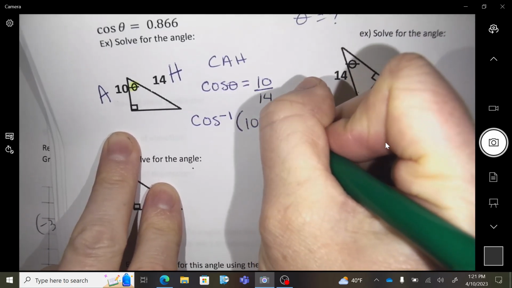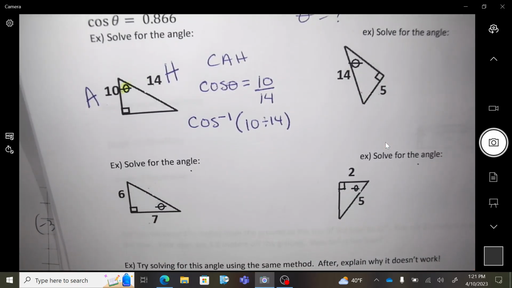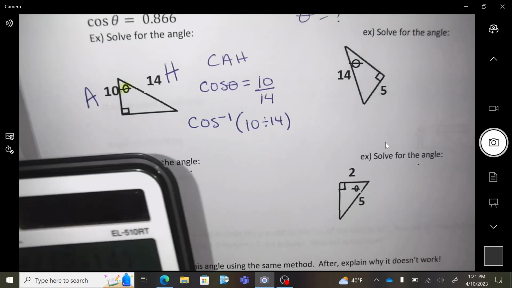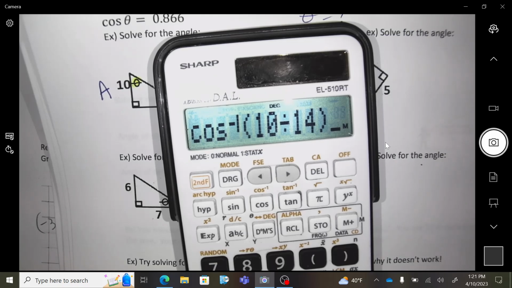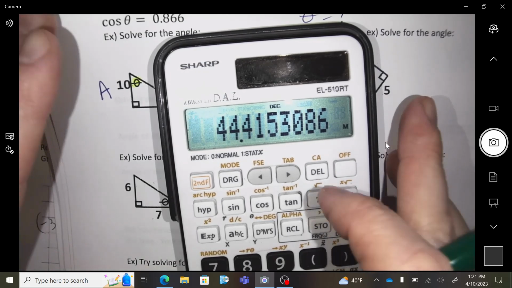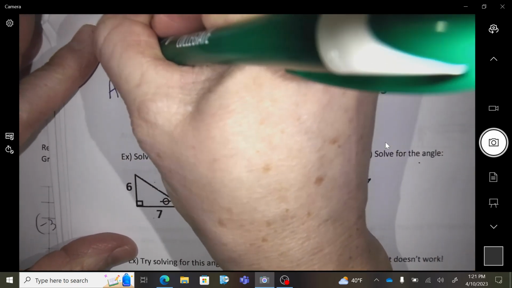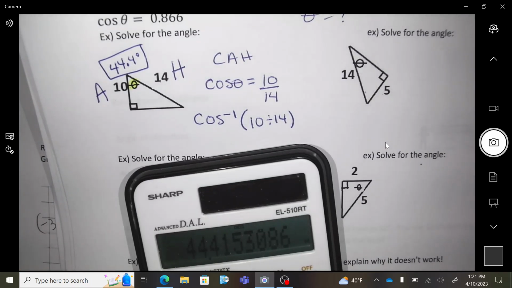I'm going to need brackets to do that. My backwards people, you probably want to go 10 divided by 14 equals, and then cos inverse. So this is what my calculator will look like. Okay, and then my angle is 44.4 degrees. Is that what we're getting, everybody? 44.4 degrees. Does it seem reasonable?